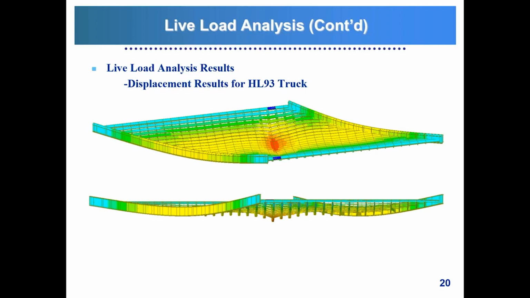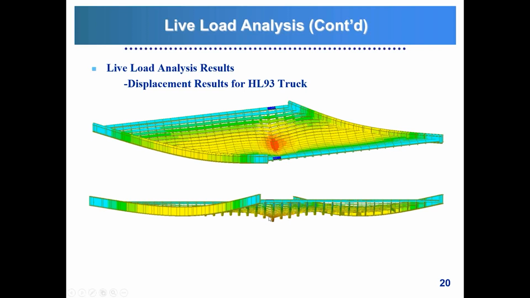For the live load analysis, we can also take a look at the displacement results. Here we show the displacement results for the design truck. And again, a good opportunity to verify that the model is behaving as we expect, and that it's being modeled correctly.